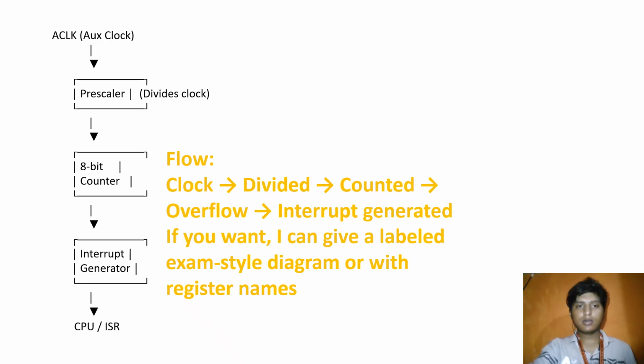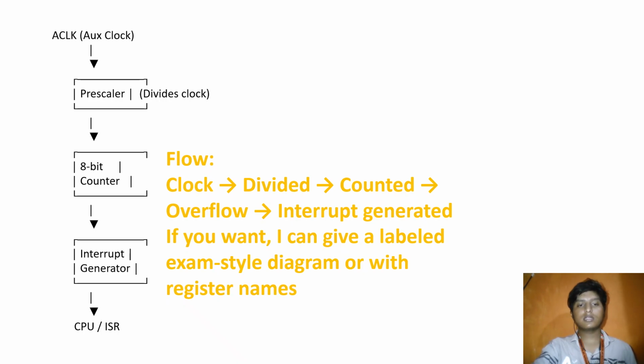And this is the block diagram for basic timer A register and block diagram. We can give the clock signal to the prescaler divider clocks, and get the output. The output is connected to the 8-bit counter, and again it is connected to the interrupt generator, and the interrupt generator is connected to the CPU.